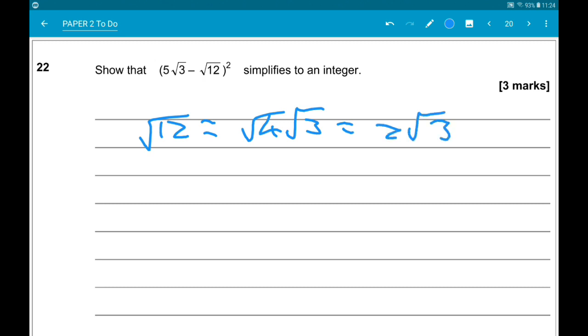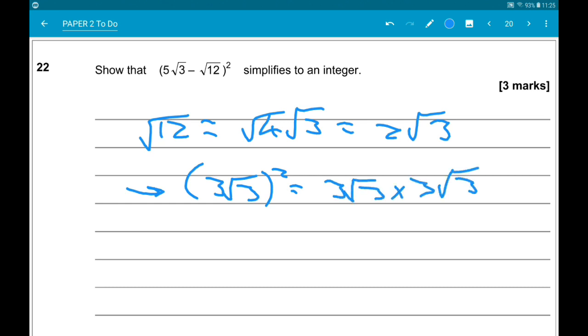So now inside the bracket, we have 5 root 3 minus 2 root 3. So we now have 3 root 3 squared. Now this means 3 root 3 times 3 root 3. Now that is one long chain of multiplication.